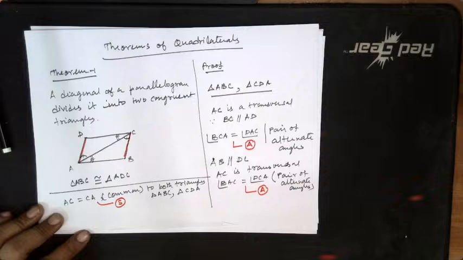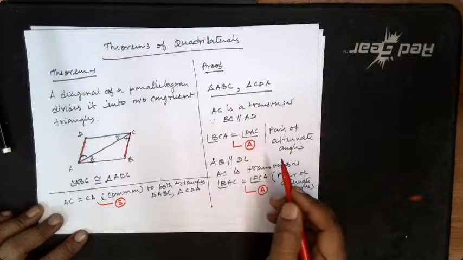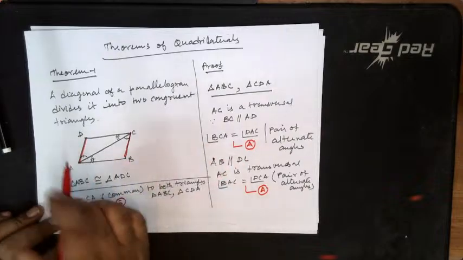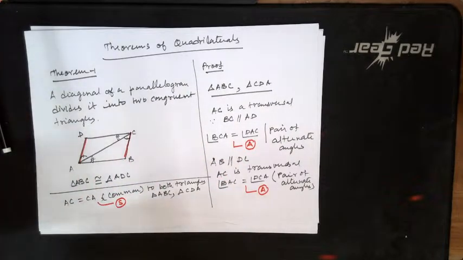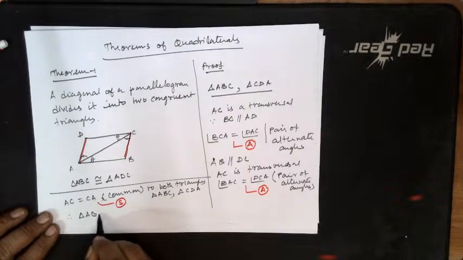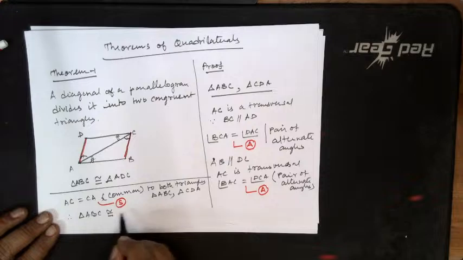Now based on this we can have the congruence. And what type of congruent? You have got angle and you have got side and you have got angle. So by ASA rule, the corresponding triangles, therefore triangle ABC is congruent to triangle CDA or ADC.